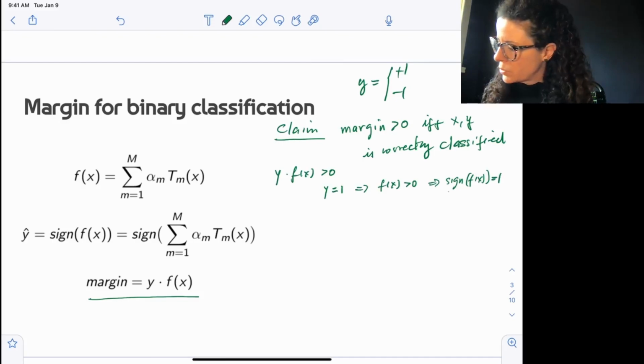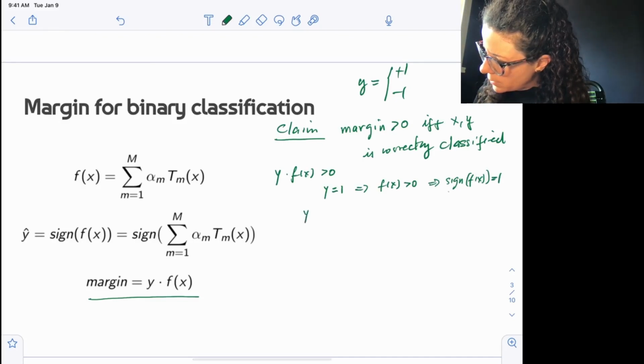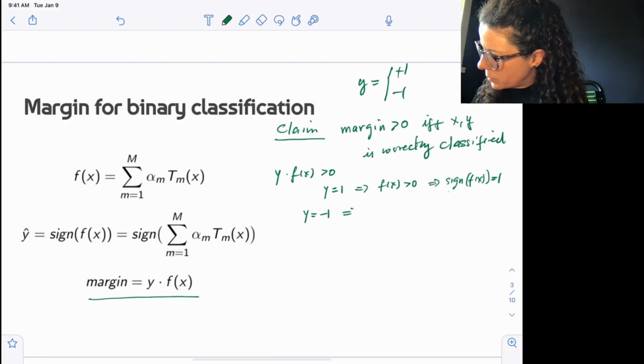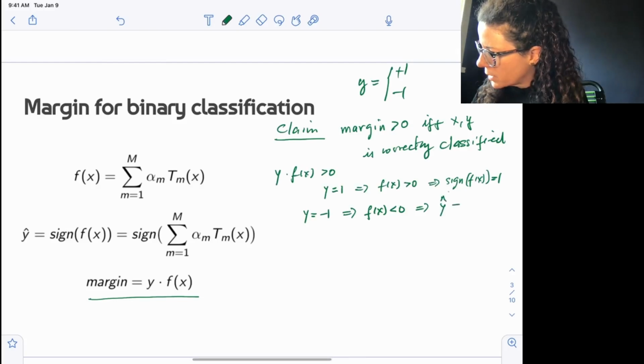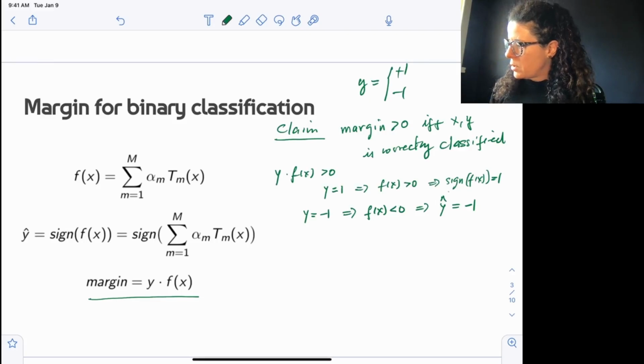The second option is y equal to -1, and since the margin is positive, that implies f(x) is less than 0, and that implies y hat, the sign of f(x), is equal to -1. So in both cases, the observation x is correctly classified.